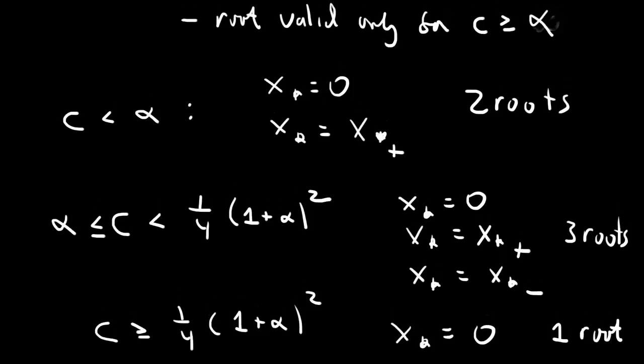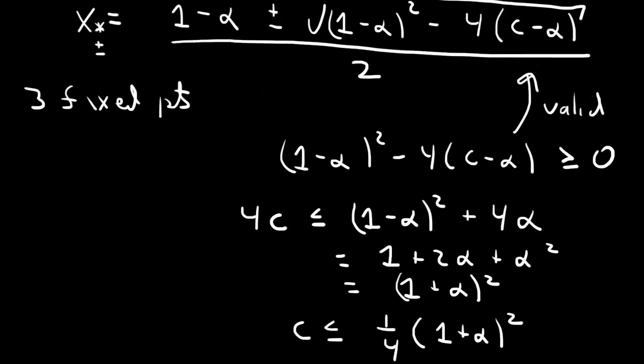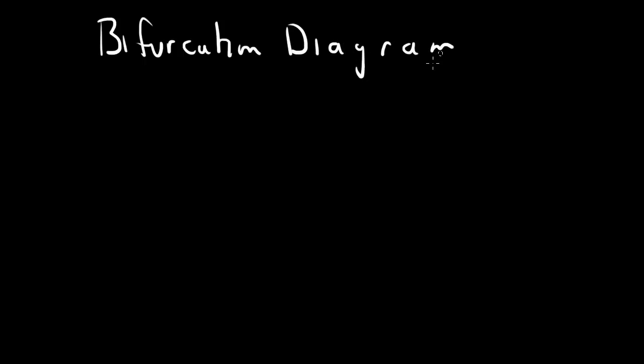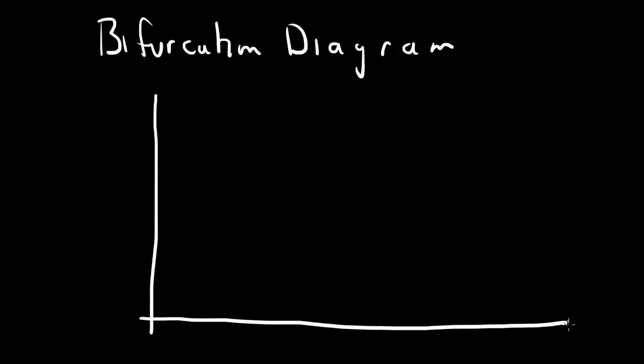So let's try to draw a bifurcation diagram. So let me draw a bifurcation diagram. So let's come up here and clear the screen. So a bifurcation diagram can look like this. Our bifurcation parameter is C, and we're looking at the fixed points.